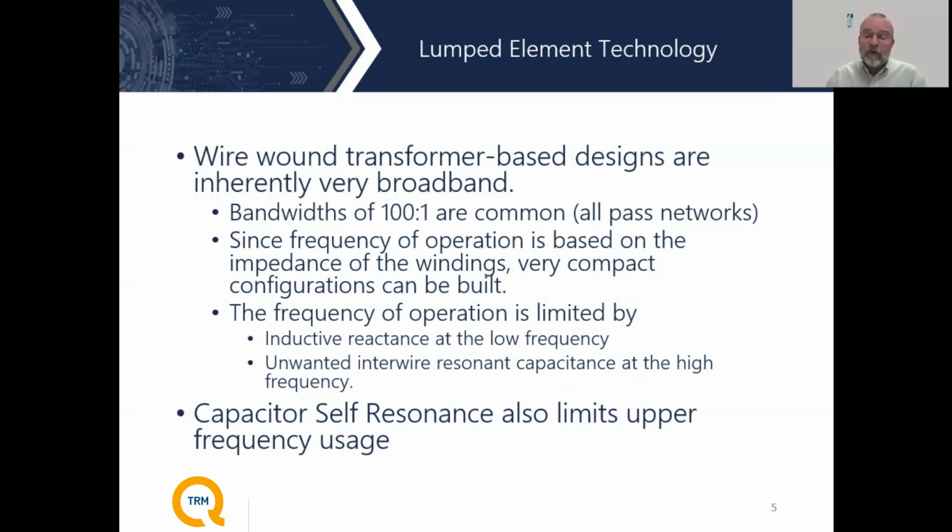So what you have now is a theoretical infinite bandwidth device that is limited by two parameters: the inductance, which sets the low end, and the interwire capacitance, which sets the high end, and the interaction of those two. By being smart about designing transformers, like I said, we can get very broadband devices out of these sorts of devices.